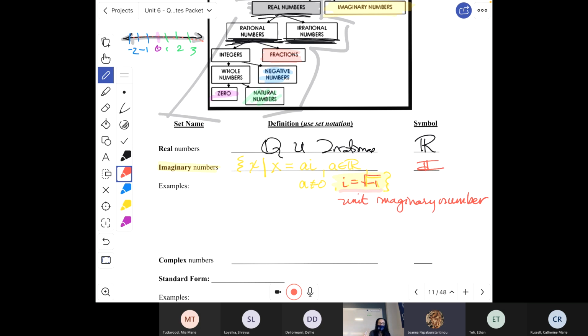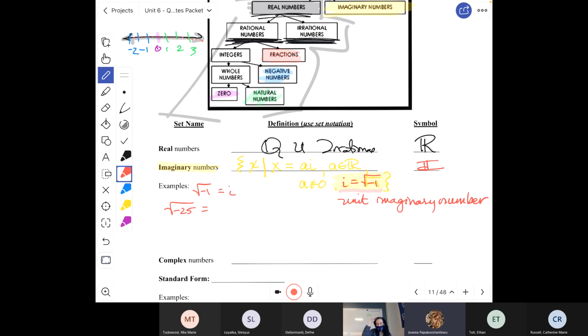So some examples of imaginary numbers. Well, I literally can give you the square root of -1, and I've given you the unit imaginary number. I could give you the square root of -25. Now, before, if you had just the square root of 25, that would be 5, right? 5 times 5 is 25. But once I have a negative in the radicand, you have an imaginary number.